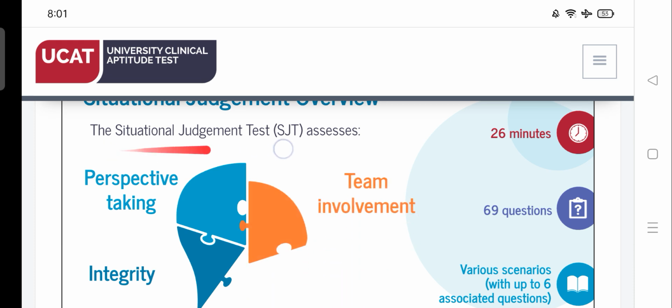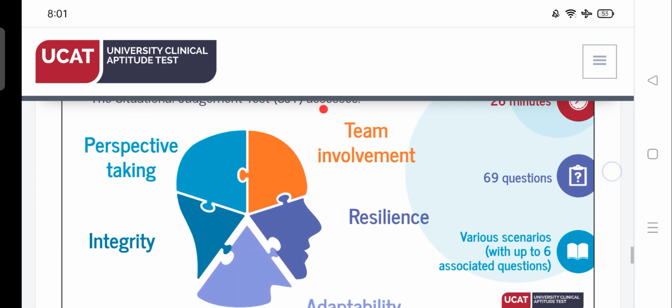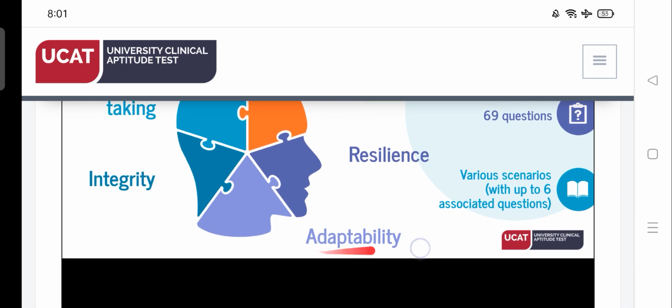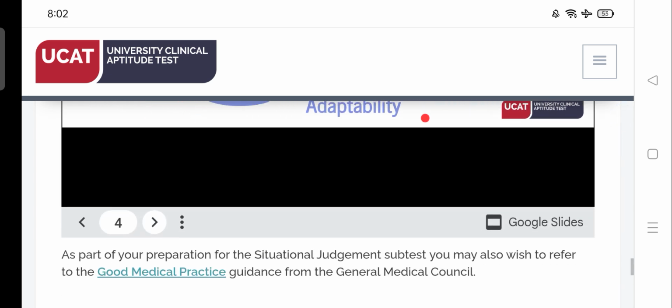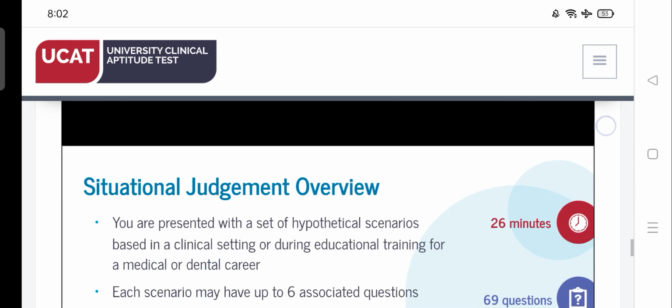The situational judgment test assesses perspective taking, team involvement, resilience, integrity, and adaptability. These are some factors that are needed to solve this one.